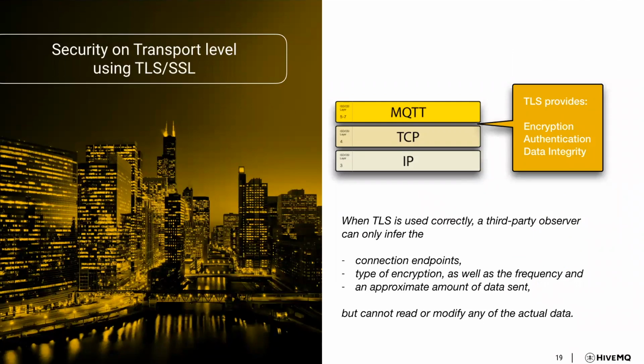TLS is an encryption application layer protocol, which also provides authentication and can ensure data integrity. Through the use of TLS, we can make sure, using the proper technologies, that only those clients can connect to our server that we want, and that the communication is actually encrypted.